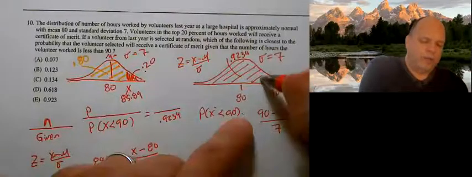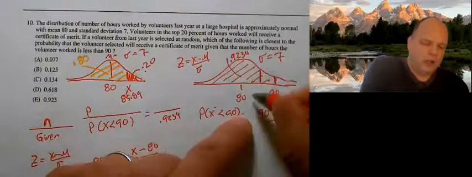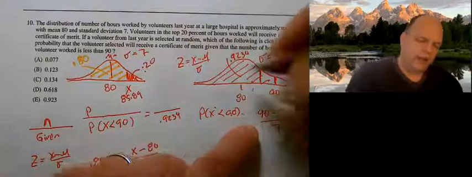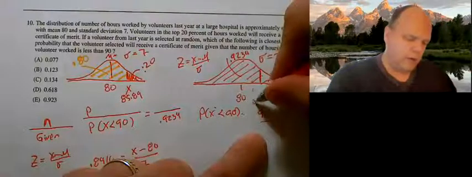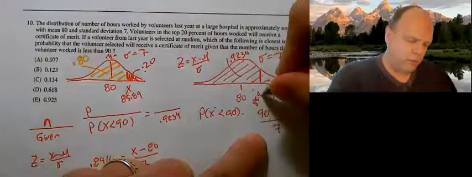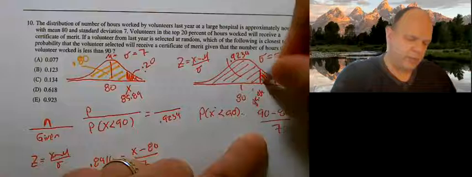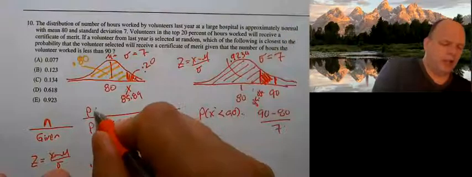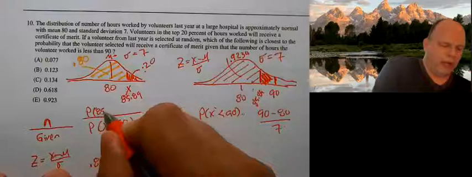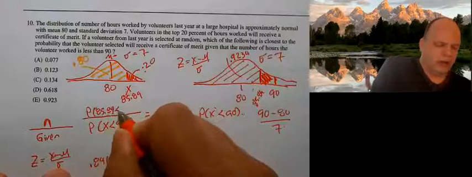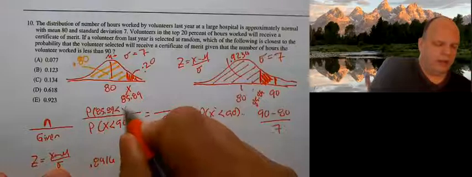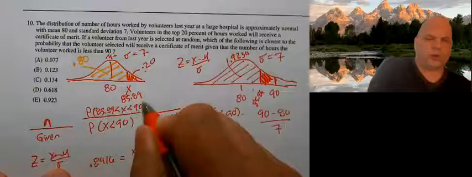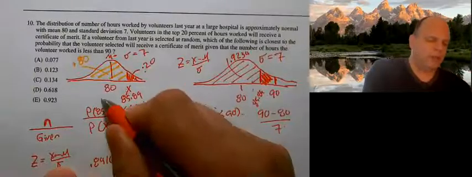Now, I'm looking for, ultimately, and I'll try to fit in that 85.89 right here, I want this area. I want the intersection, the probability that 85.89 is less than X is less than 90. That's what I'm looking for. So this ends up being my lower bound.